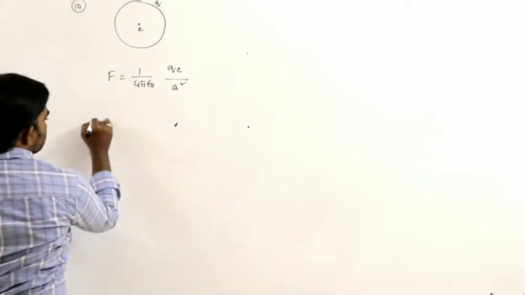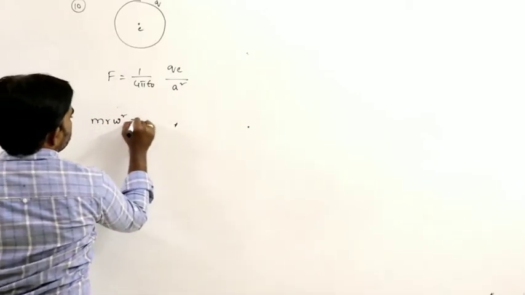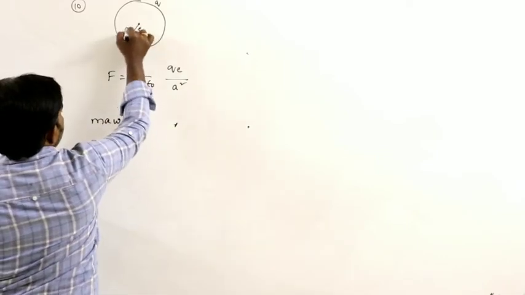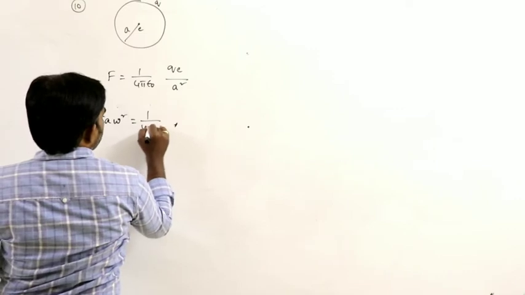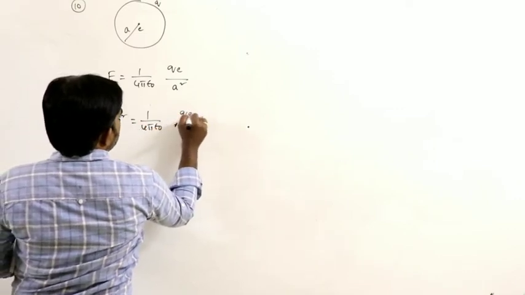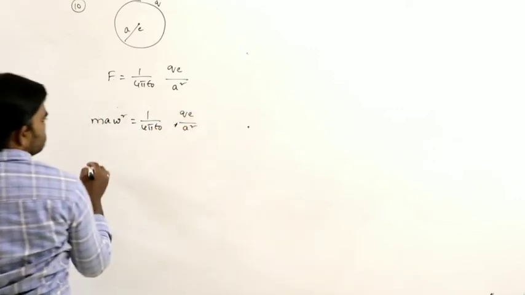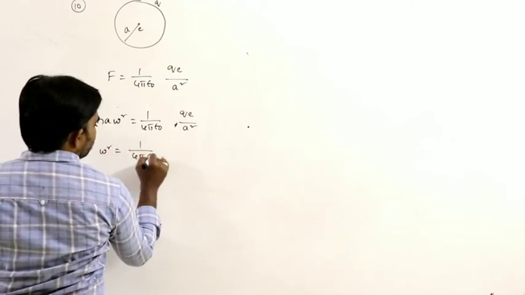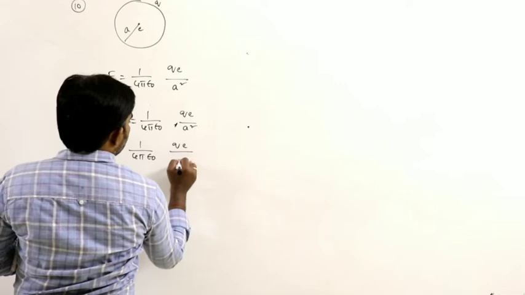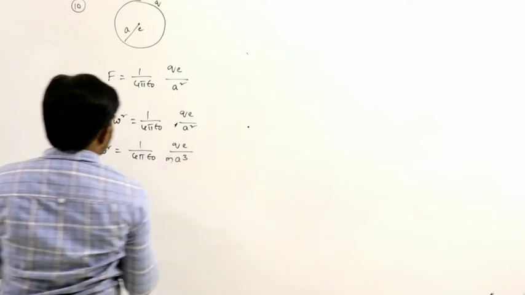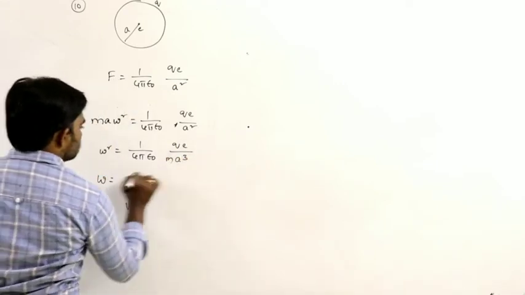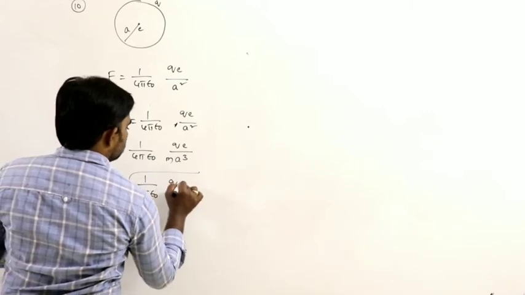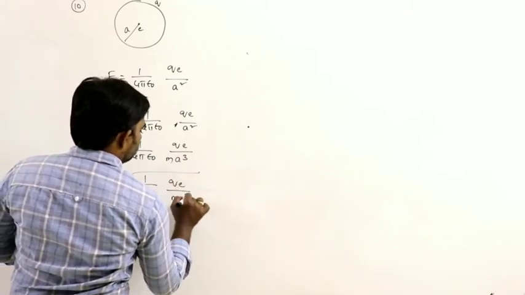So the force can be written as m r omega square, where the radius is A, equal to 1 by 4 pi epsilon naught Q E by A square. So omega square is equal to 1 by 4 pi epsilon naught Q E by m A cube. So omega can be written as under root 1 by 4 pi epsilon naught Q E by m A cube.